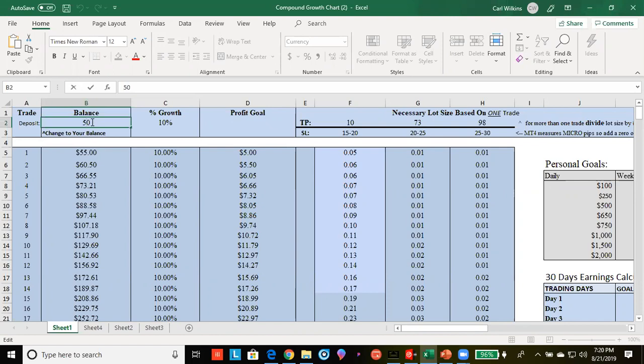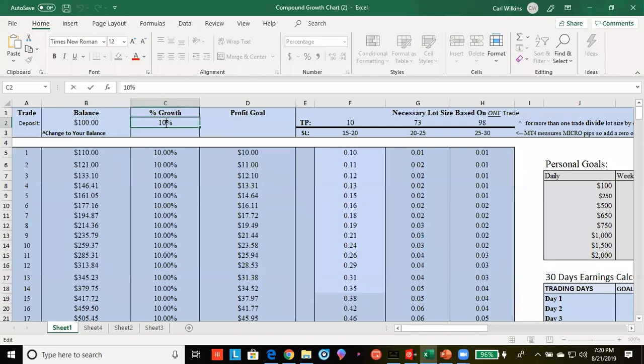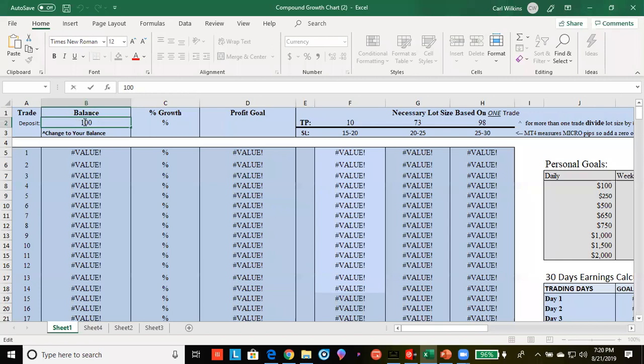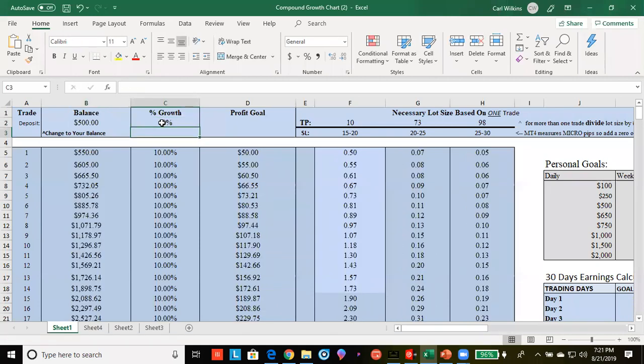Yes, because I've seen there the $55 balance where it shows a lot size of 0.05. So then logically for a $500 account, we use a 0.50 lot size instead of a 0.05. Now I'm going to show you this. Hold on. Okay. You said a $500 account? Yeah, we can use a 0.50 lot size instead of a 0.05.